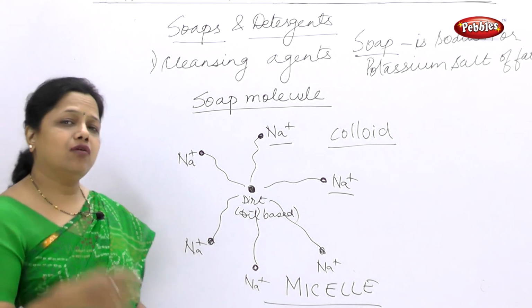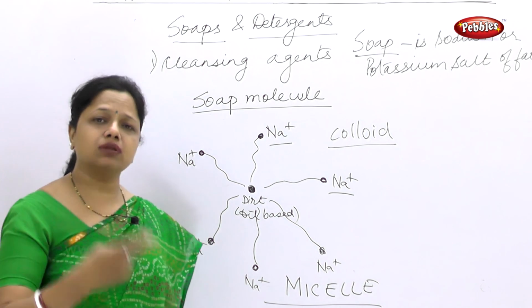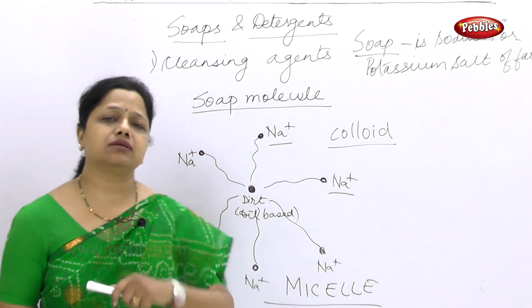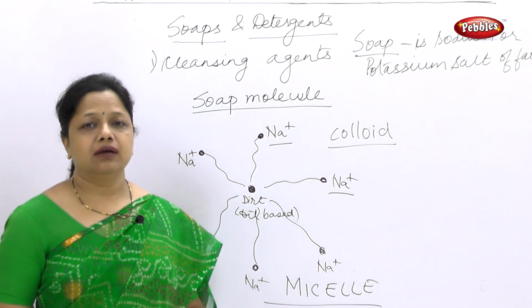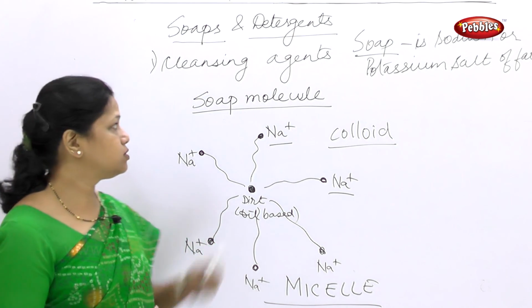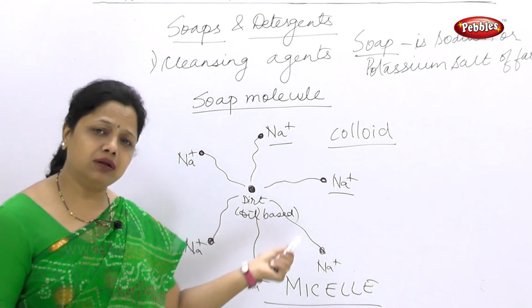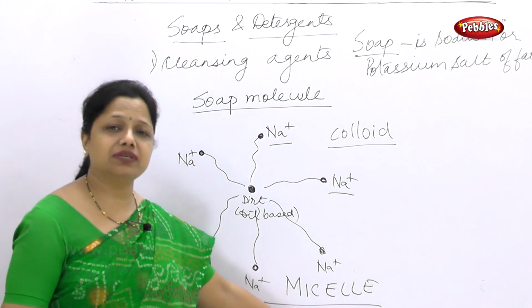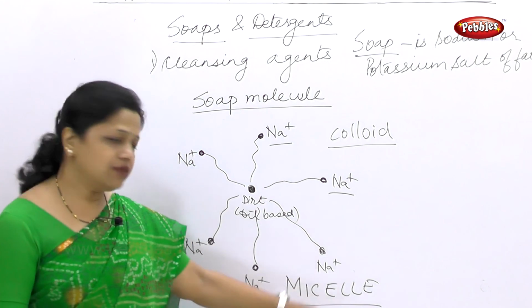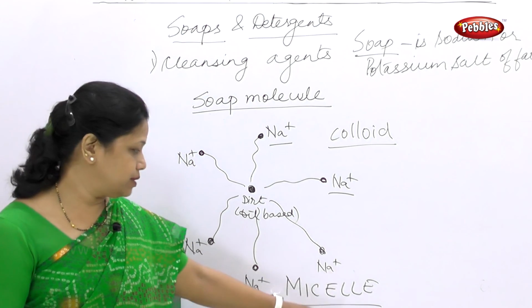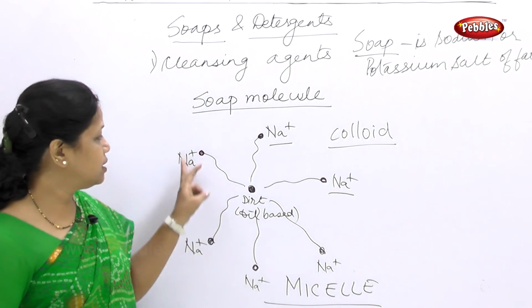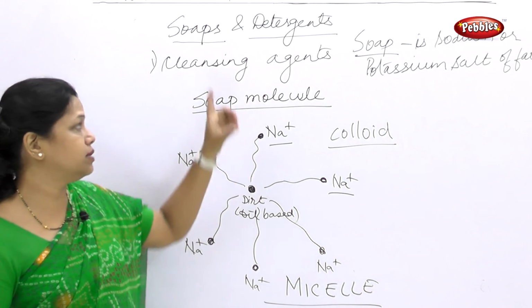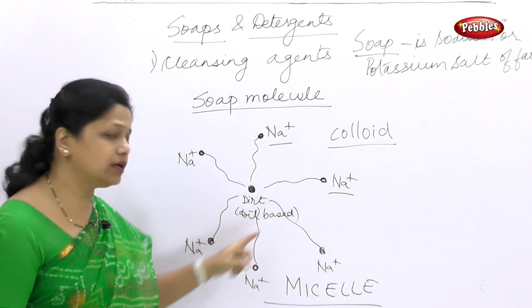Therefore, if we wash the cloth two or three times with different water, we remove this dirt very easily. This is the working of soap or detergents on dirt. The very important part for you to know is micelle formation. Again I am repeating, micelle formation is nothing but the soap molecule or the detergent molecule surrounding the dirt.